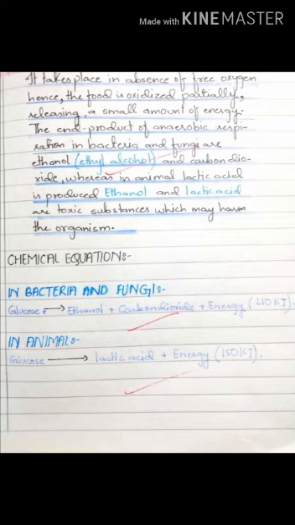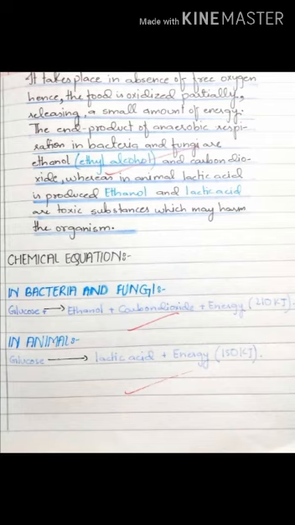The end products of anaerobic respiration in bacteria and fungi are ethyl alcohol and carbon dioxide, whereas in animals, lactic acid is produced. Ethanol and lactic acid are toxic substances which may harm the organism.